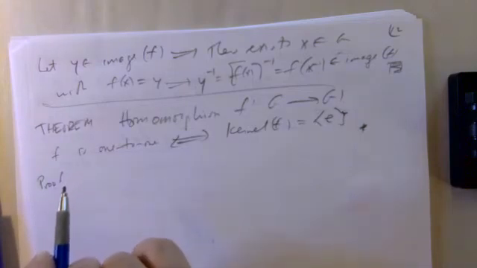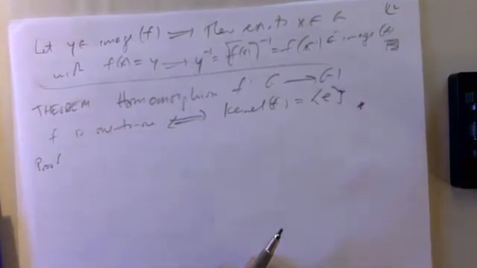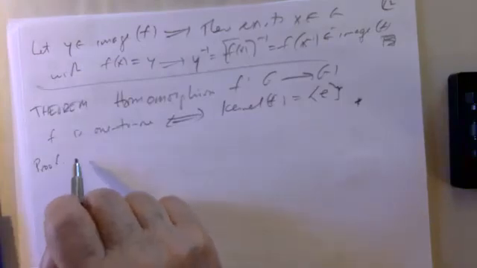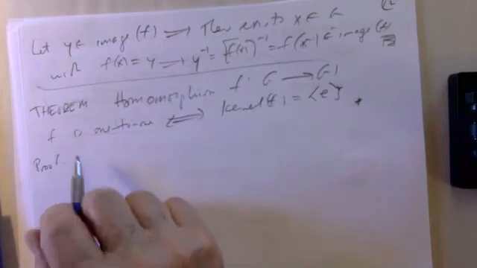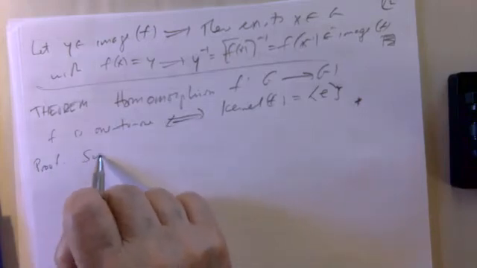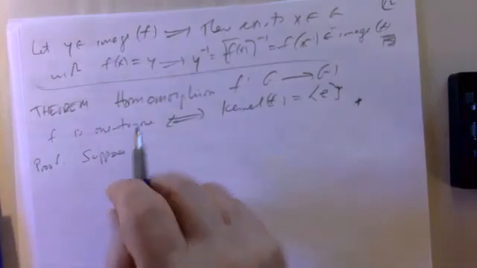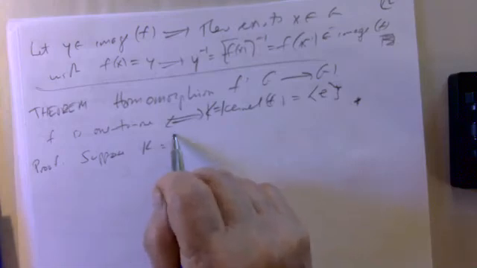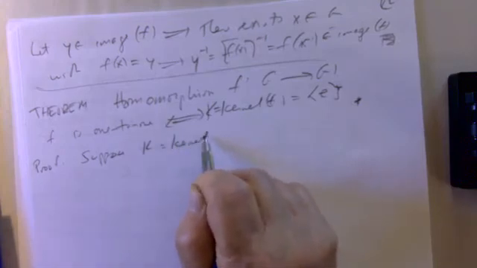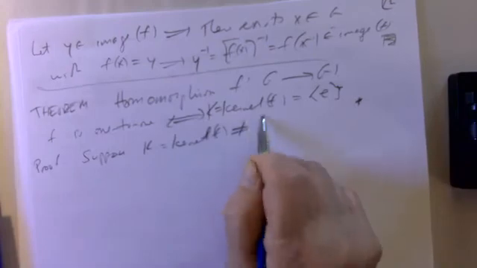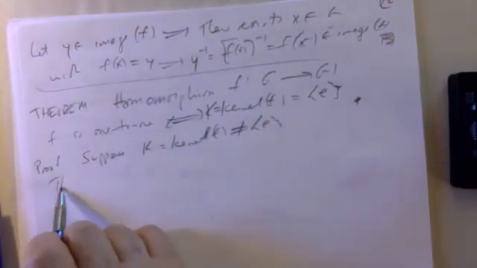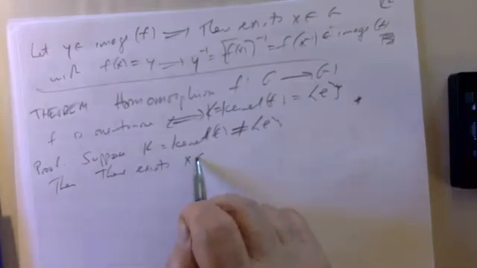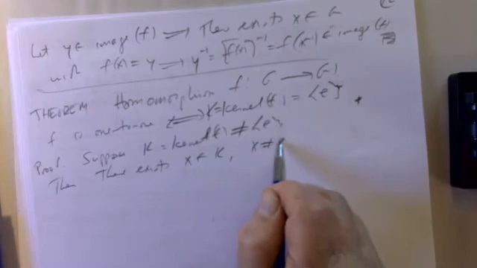So proof. Suppose K, which is the kernel of f, is not just the identity. Then there exists an x in the kernel which is not the identity.